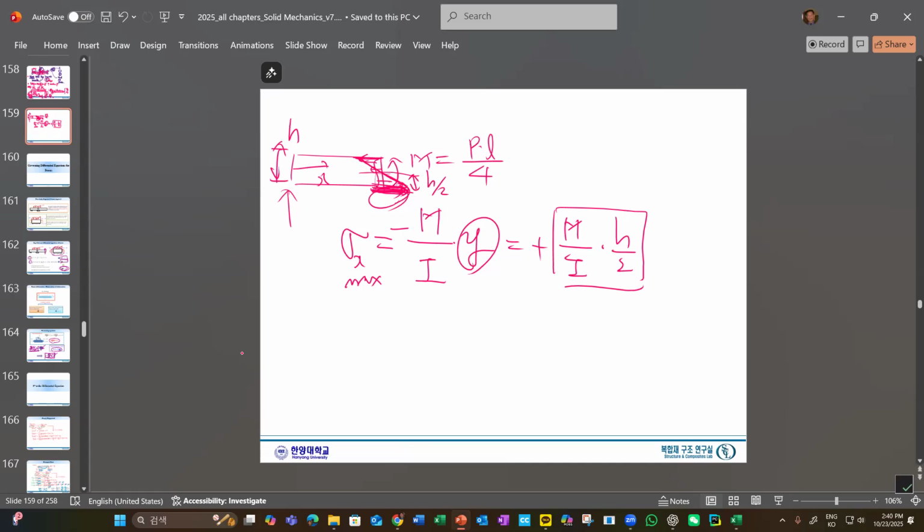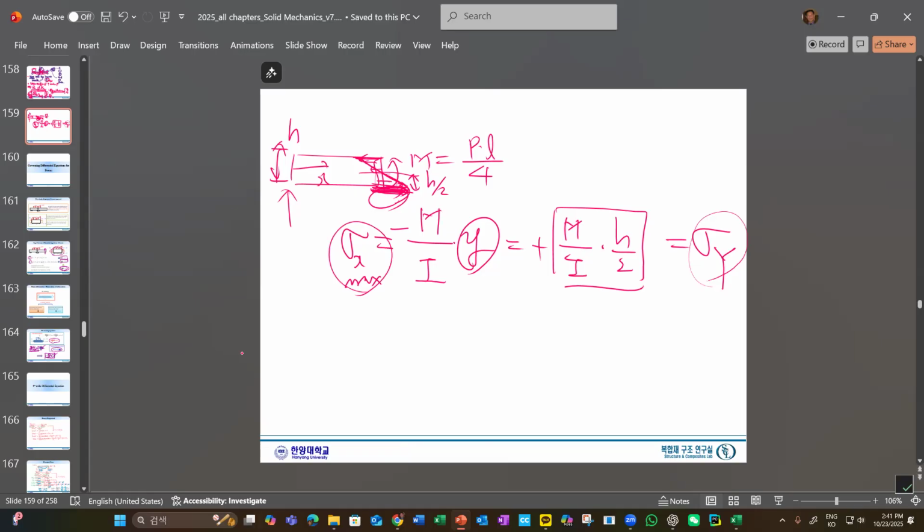This sigma x reaches the yield strength. You know the yield strength: it is the stress at which the material will yield or break or fail. So this is the maximum, and when we reach the material property of strength, this will fail or break.